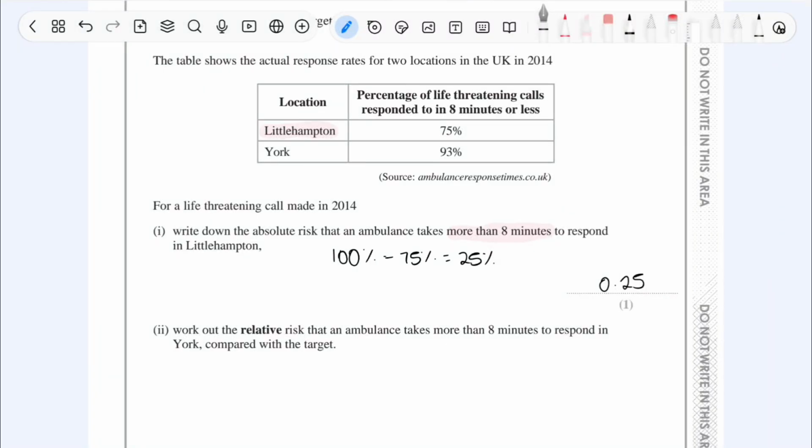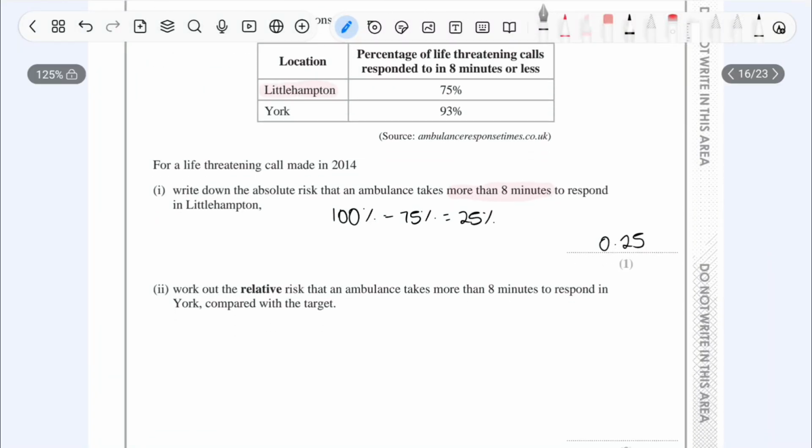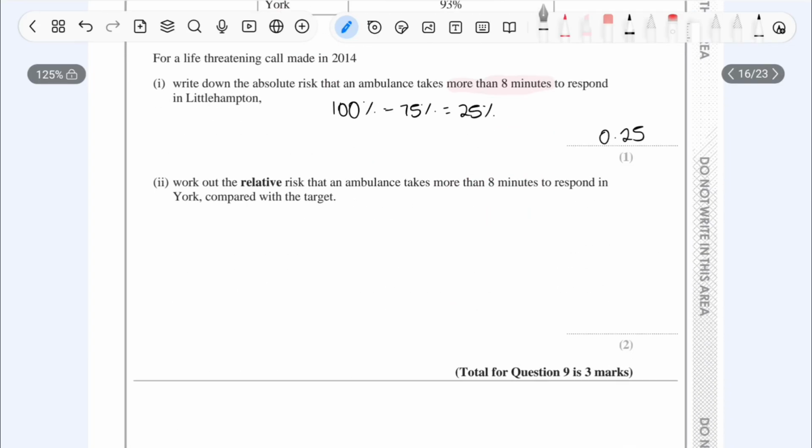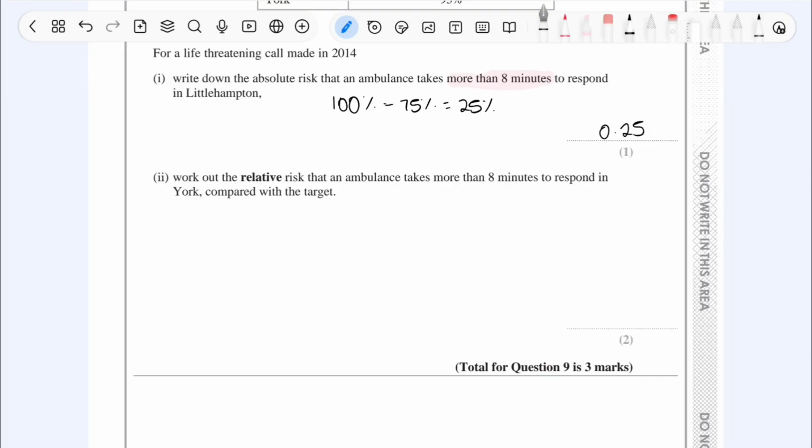For part II, we need to work out the relative risk that an ambulance takes more than 8 minutes to respond in York compared with the target. Now, we need to bear in mind that the target for the national was 75%, and Littlehampton actually met that, so that's quite an interesting thing to note. So the relative risk has a formula.